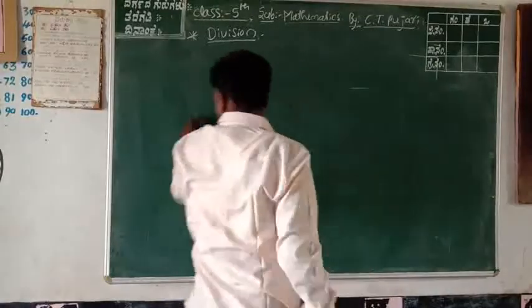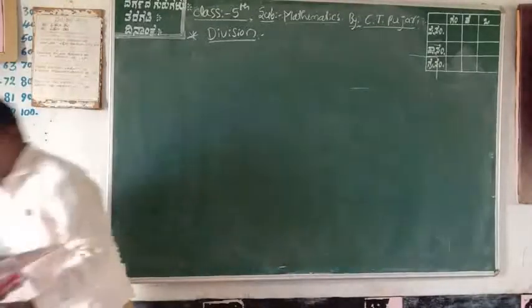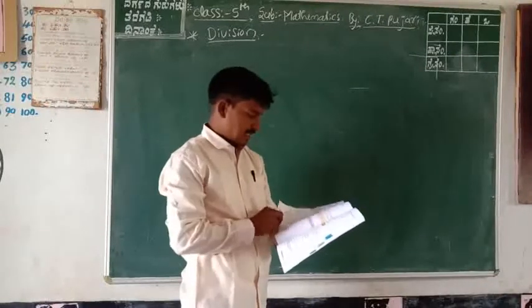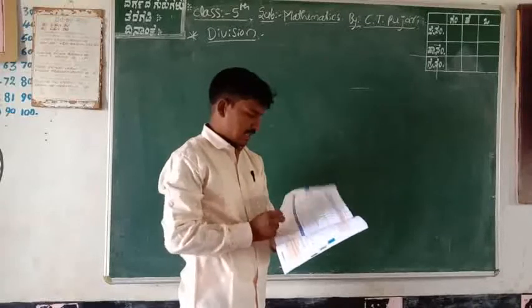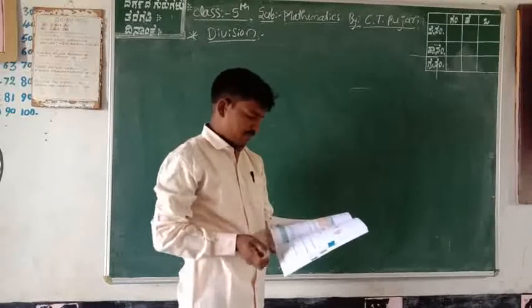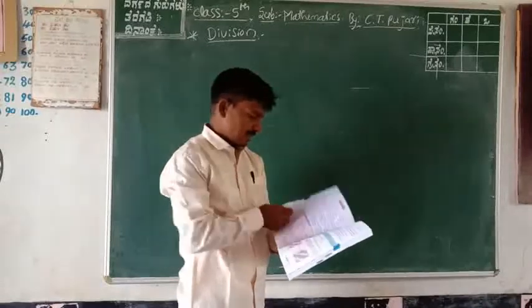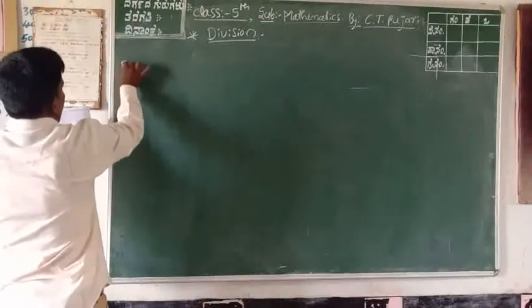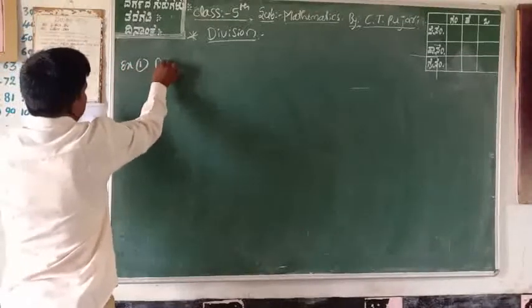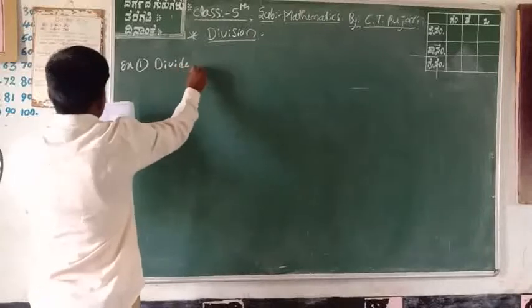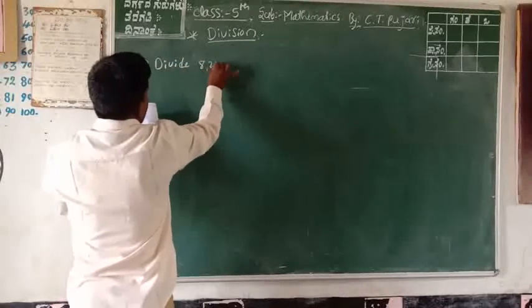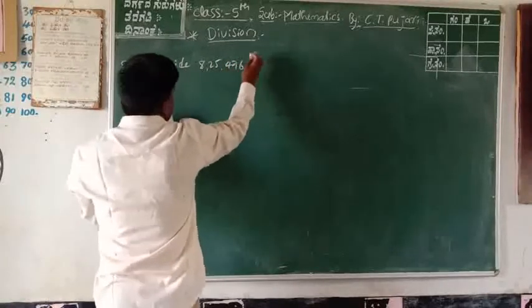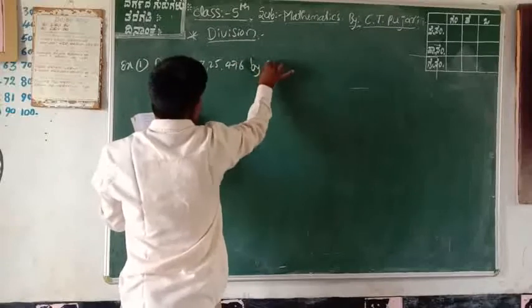The first one, example number 1: divide 8,25,476 by 72.